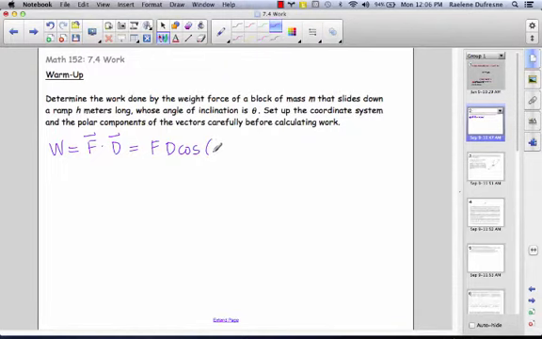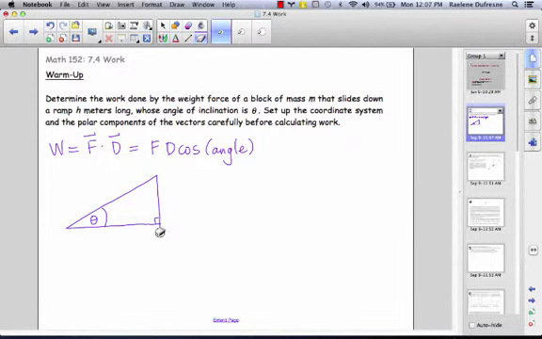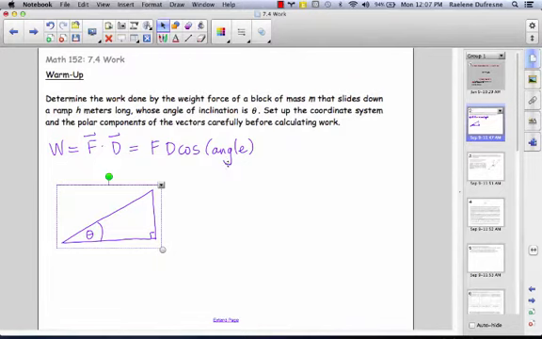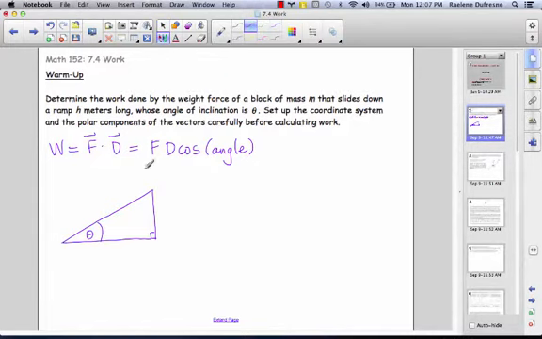I'm just going to put angle inside here, because when we draw the picture, if we have a ramp angled at theta in here for the angle of inclination of the ramp, and we start to draw some of our vectors, we may not have the same theta that we use for the definition of the polar form of the dot product.